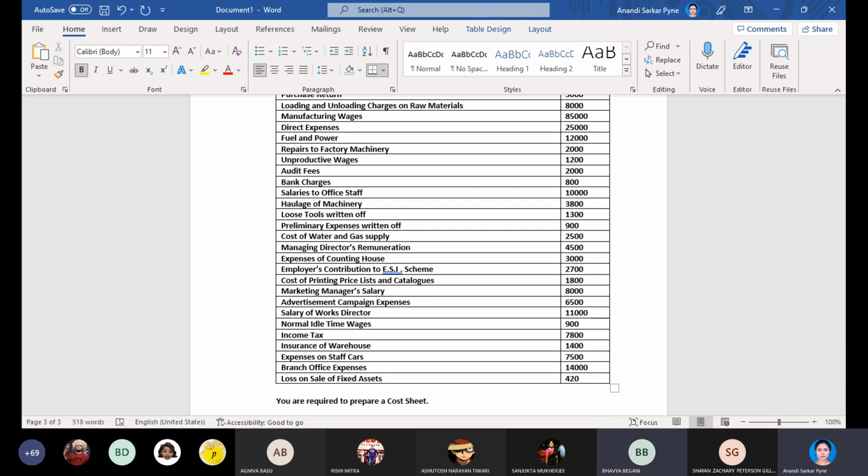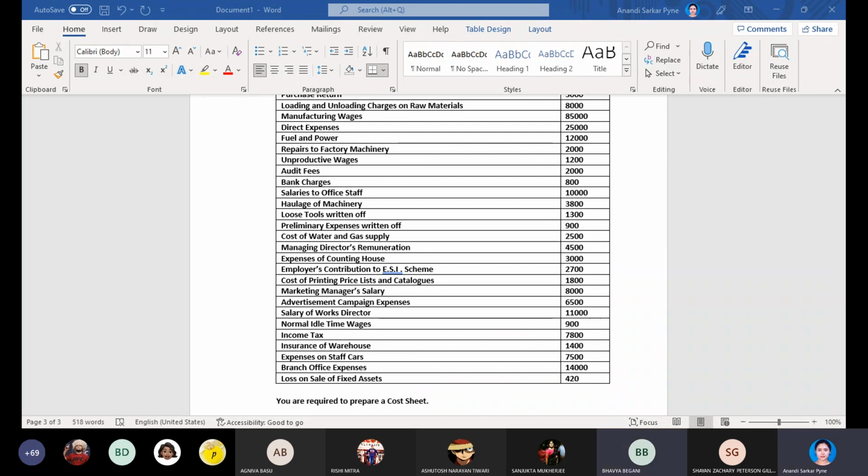Preliminary expenses written off. What are preliminary expenses? Preliminary expenses are those expenses which are incurred before incorporation of the company, right? So preliminary expenses will be going in notes. It will not come in cost sheet. It will go in notes.